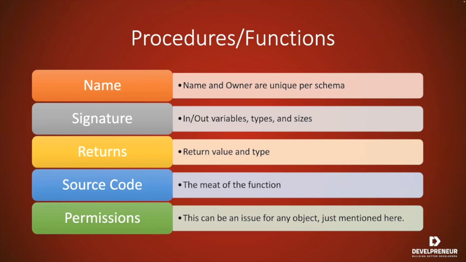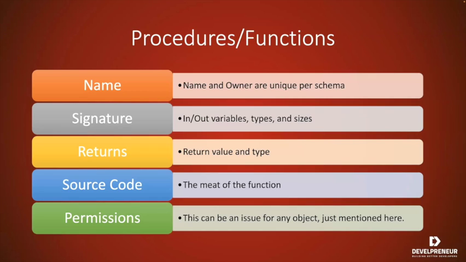But the signatures can change. So that add one procedure I mentioned, maybe initially it had one variable, and later it has two variables. Maybe now instead of a return, there's an out variable. Maybe the type changed, so instead of bringing in a varchar, I'm bringing in an integer. And sizes, instead of 4 characters, now it's been opened up to 10 characters. So the signature can change significantly.